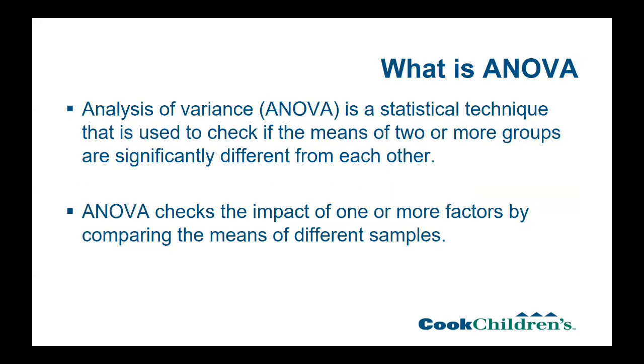So what is analysis of variance? This is a statistical technique that is used to check if the means of 2 or more groups are significantly different from each other. It checks the impact of 1 or more factors by comparing the means of these different samples.